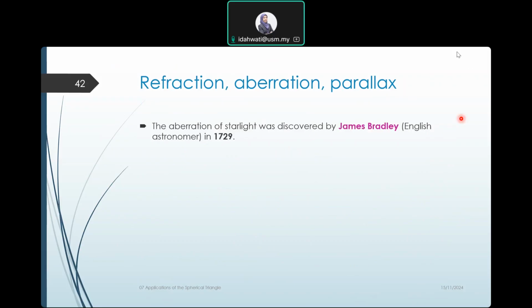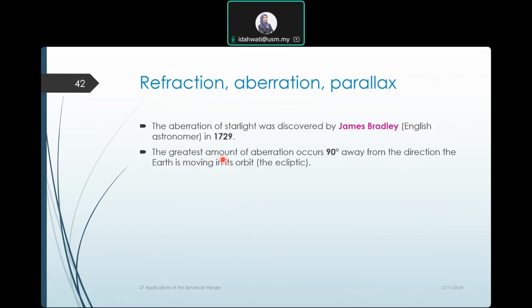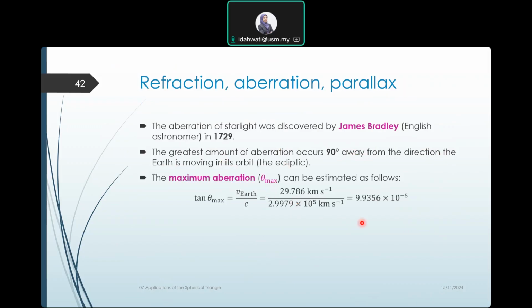This aberration of starlight was discovered by James Bradley in 1729, and the greatest amount of aberration occurs 90 degrees away from the direction of Earth's motion. And this is the formula for theta max, the maximum aberration: tangent of theta max equals V Earth over C.